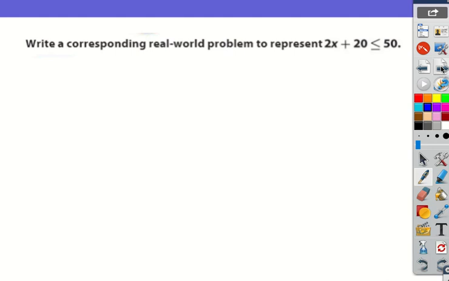So this one's 2x plus 20 is less than or equal to 50. Let's use one that's out of the textbook. They gave us two different scenarios on this. I like the first one because I'm a runner. Let's set these goals.